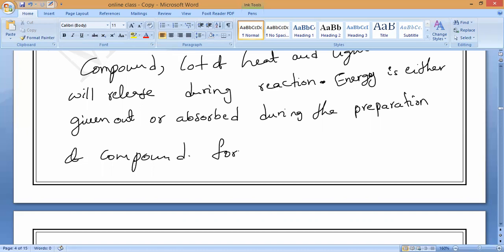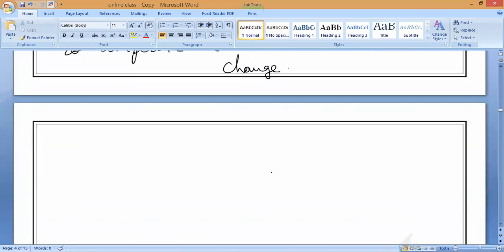Formation of a compound is which change? Chemical change. Please note it down: chemical change. Any doubt in this? Anybody? Please note it down. Chemical change. This is the third point. Any doubt?